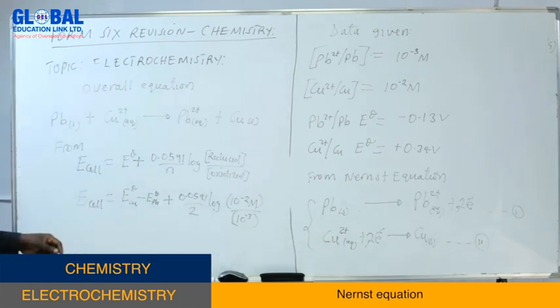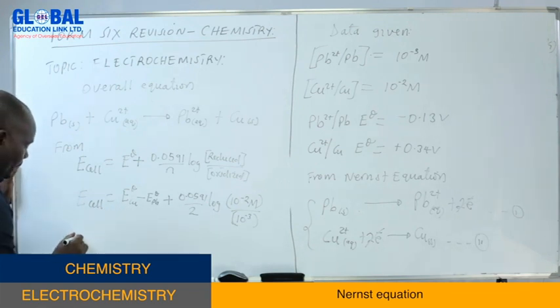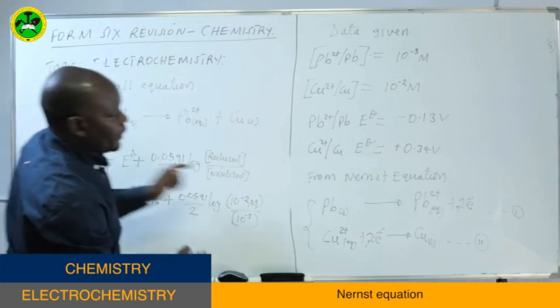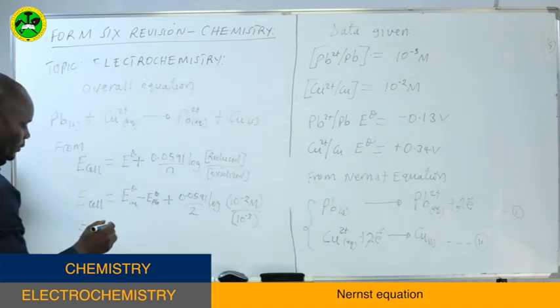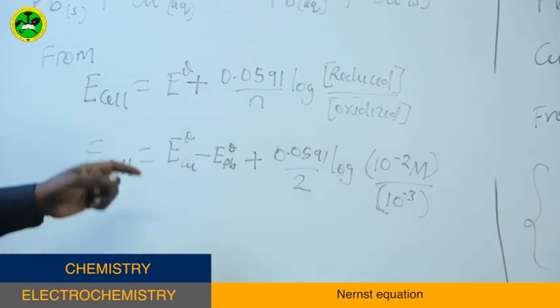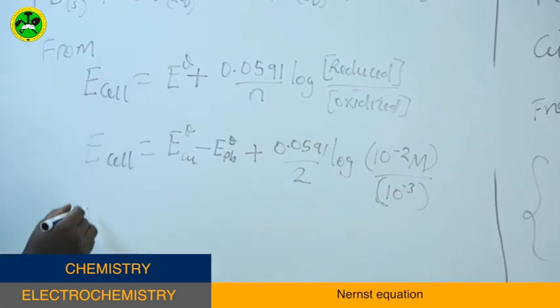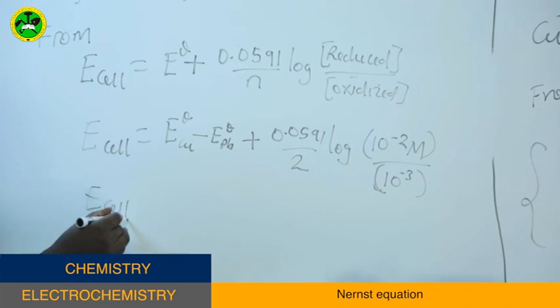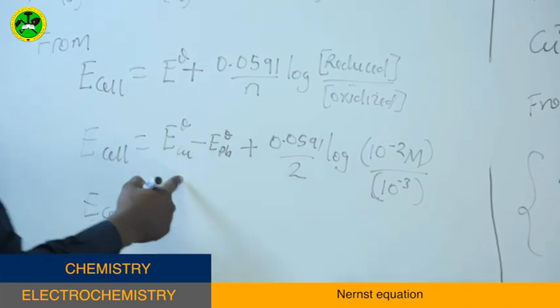Now if you use your calculator, remember that for E of a cell, the standard electrode potential of copper is 0.34. Then minus, so it will be plus 0.13, the standard electrode potential of lead.